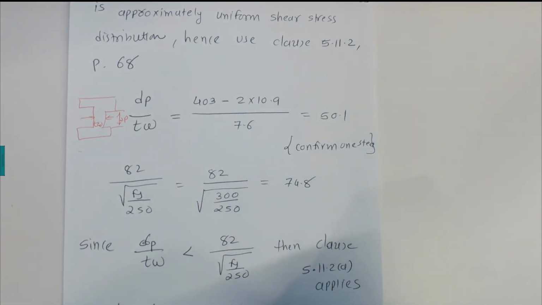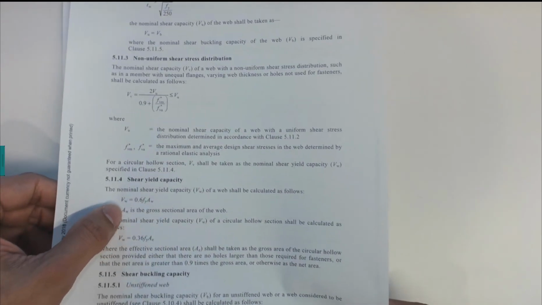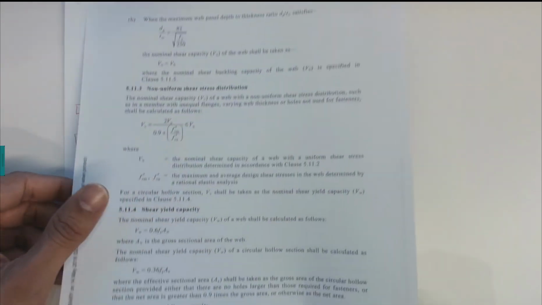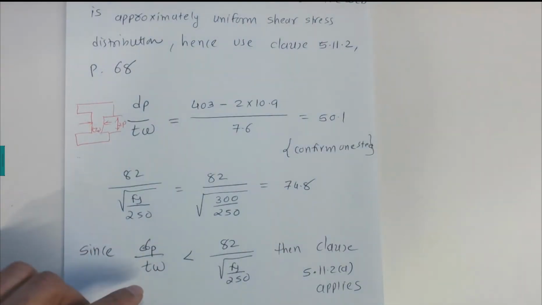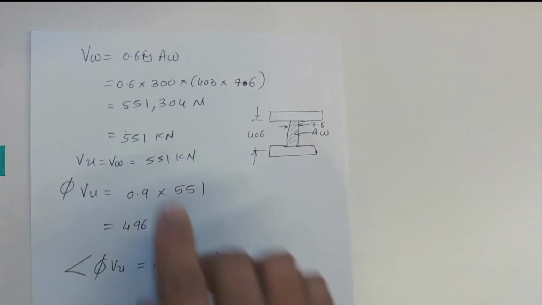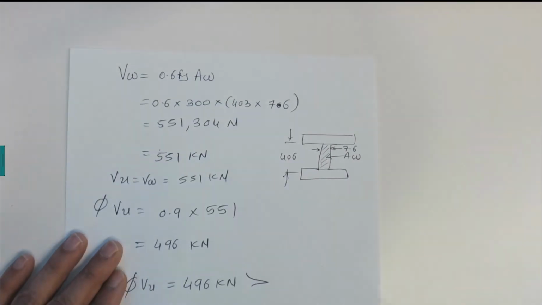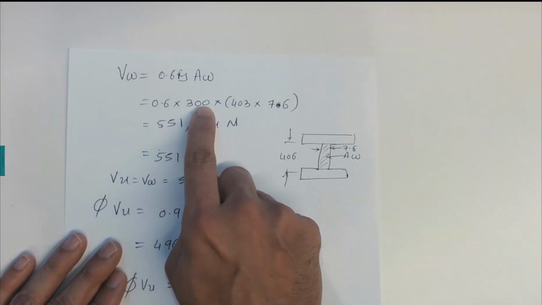How are we going to find Vw? The equation for Vw is given on page number 69: Vw equals 0.6 fy Aw. So Vw equals 0.6 times the yield strength 300, times the area.